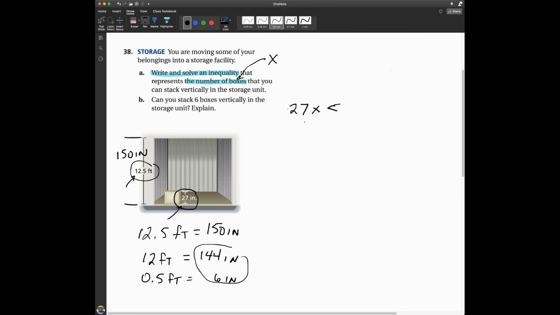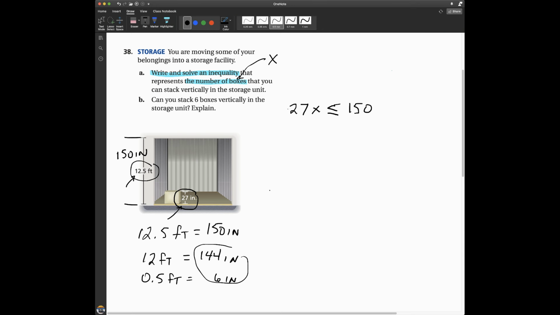All right, so my inequality is going to say that each box is 27 inches high. I have a certain number of boxes, and that height has to be less than, could it be equal to 150 inches? It could. Or it can be less than that.